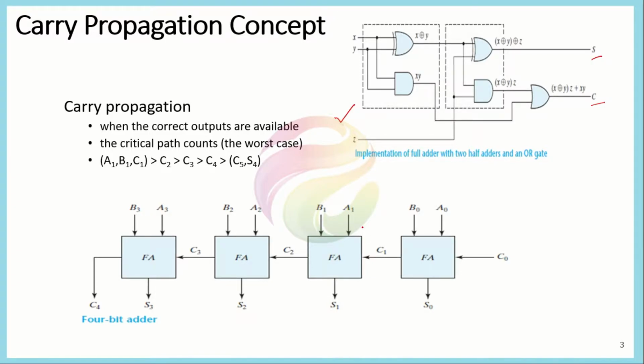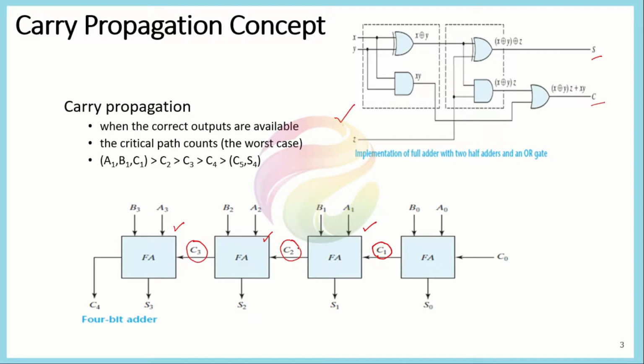But the second full adder cannot perform its result till C1 is calculated accurately. So it has to wait till C1 is generated, only then it can produce the accurate result. Similarly, the next full adder cannot calculate its exact result till this C2 carry is generated. Similarly, this full adder cannot perform properly till this C3 carry is generated.